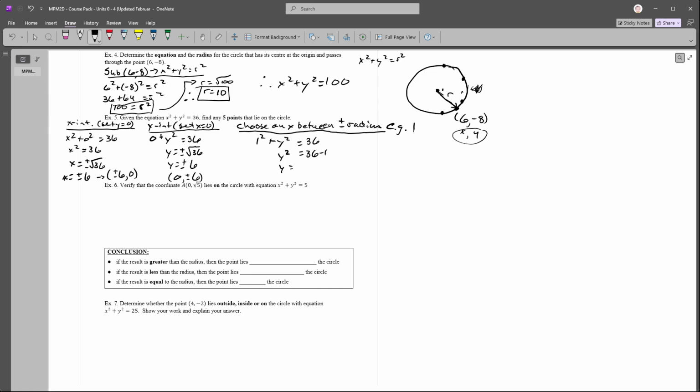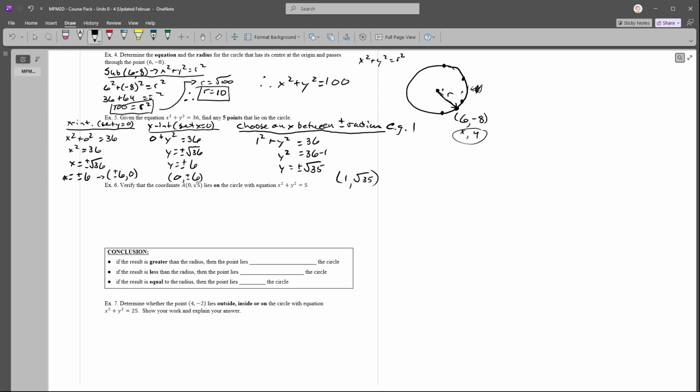So y is going to be equal to plus or minus the square root of 35. So we've actually found 6 points, really. But just choose one of these because it only asks for 5. So when x is 1, then y is plus or minus the square root of 35. But we just found 6 points for this.